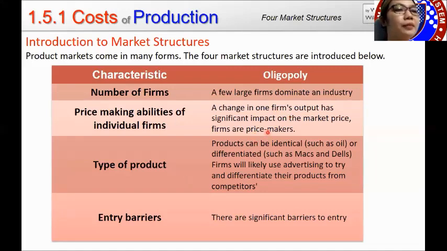In terms of type of product, in oligopoly, products can be identical or similar, for example in the oil industry, or differentiated, for example the brand of computer. They have uniqueness in their product offering. Firms will likely use advertising to differentiate their products from competitors.